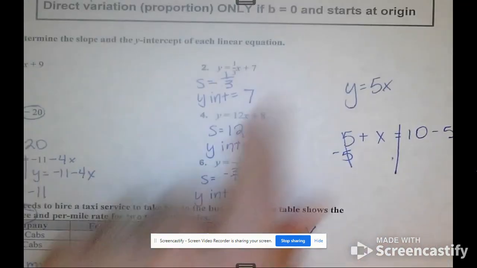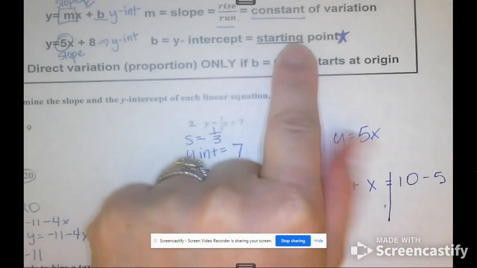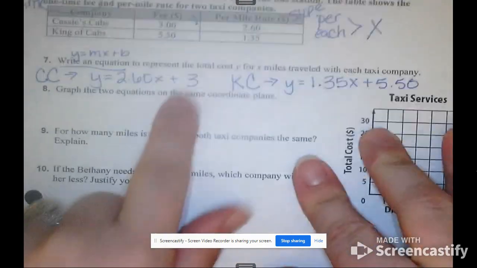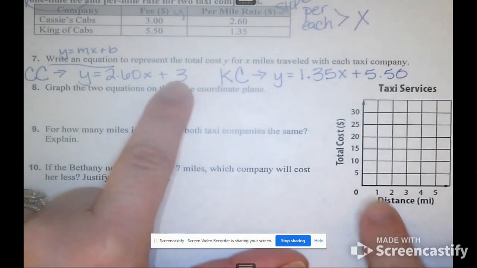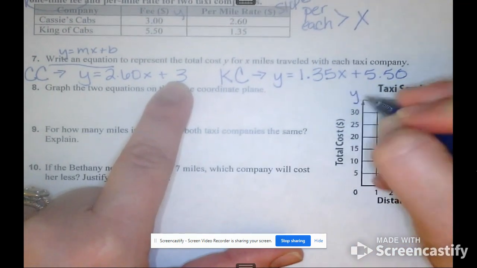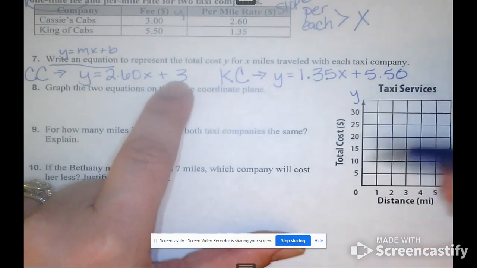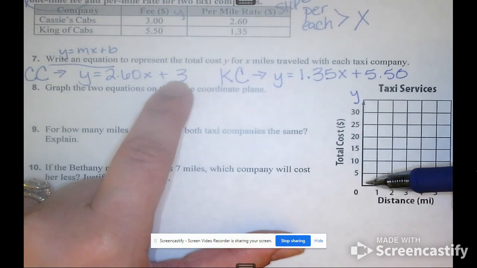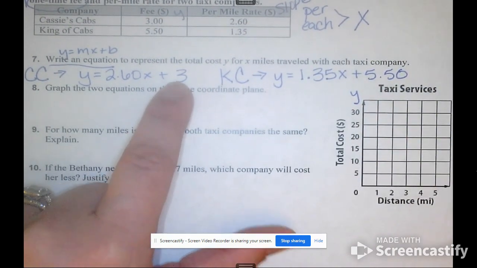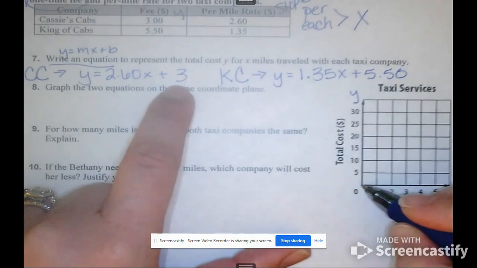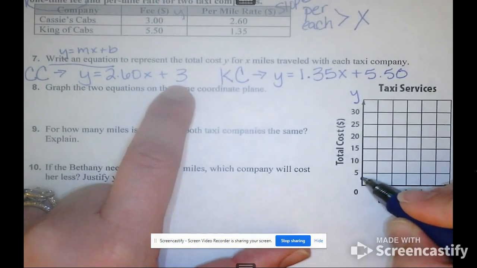Our y-intercept is always known as our starting point. So if I have a y-intercept and I'm trying to graph it, that is where I would start. But if it's a y-intercept, it starts on the y. Y'all are used to going on our x first, but here it tells us it's starting at 3. So it would start about here.